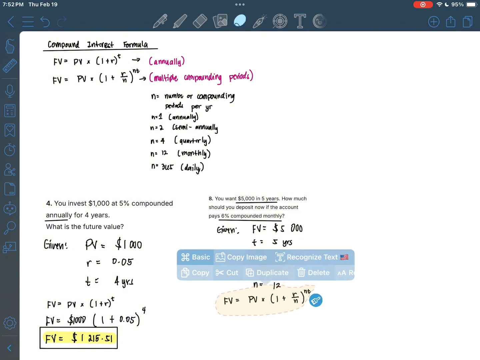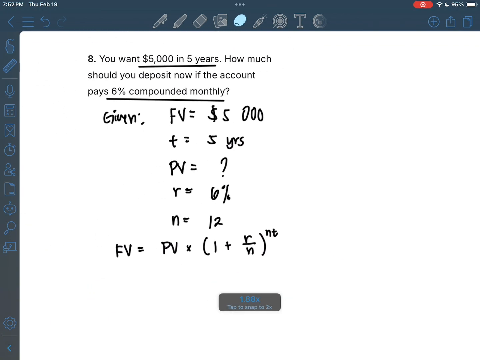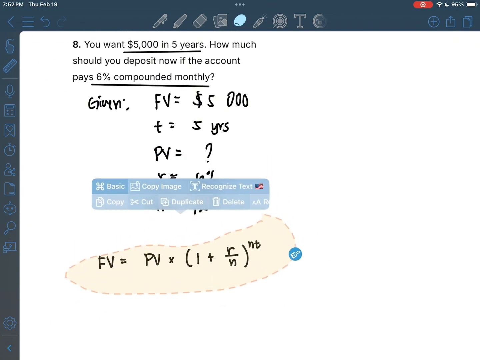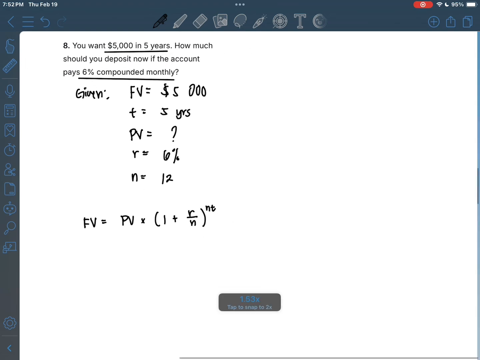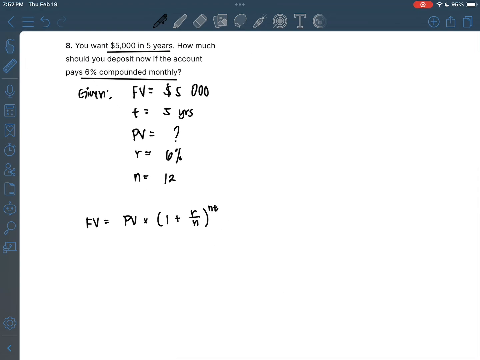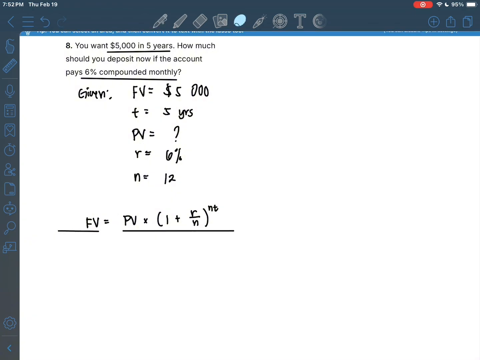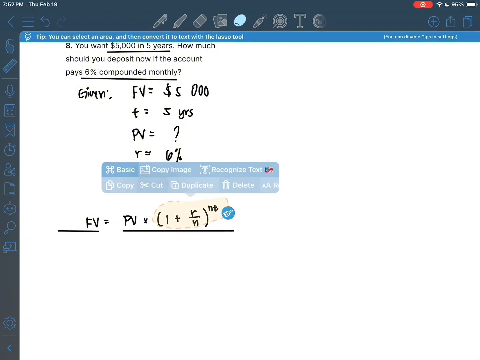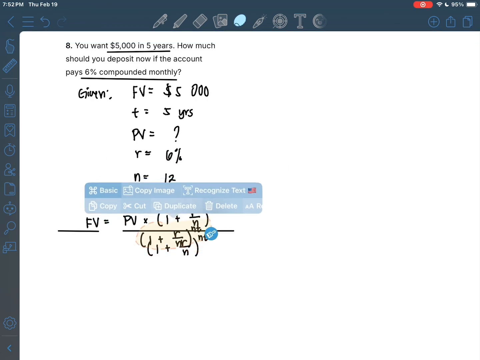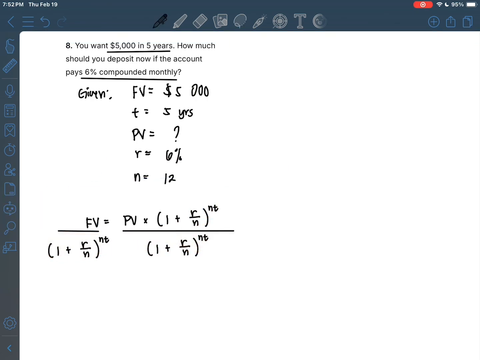You can use this formula to calculate for the PV. To calculate for PV, we can first rearrange the equation to isolate the PV. We divide both sides by this, so this one should cancel out.